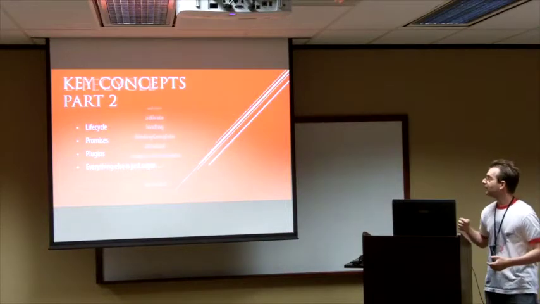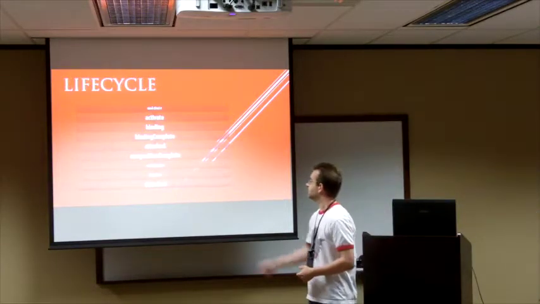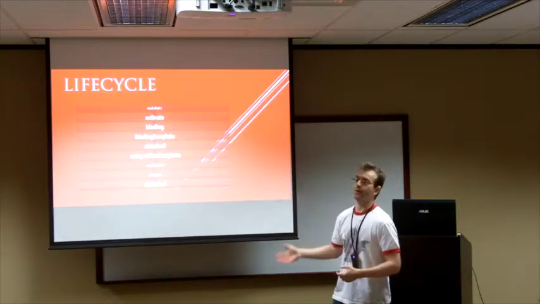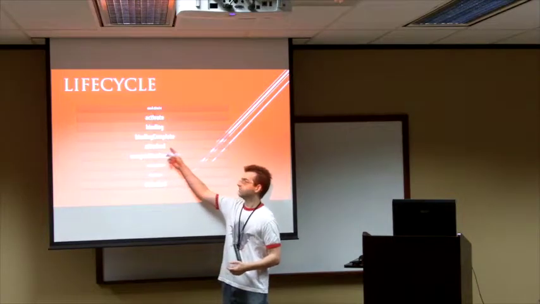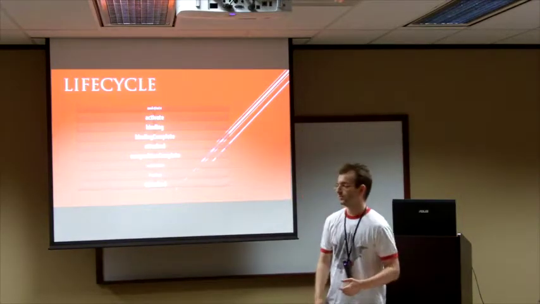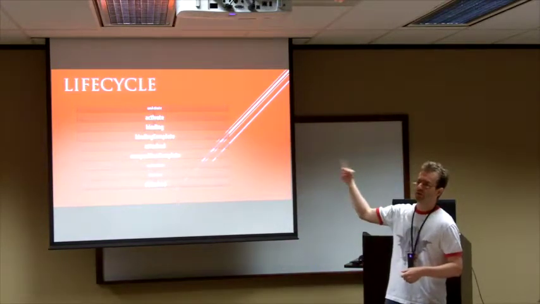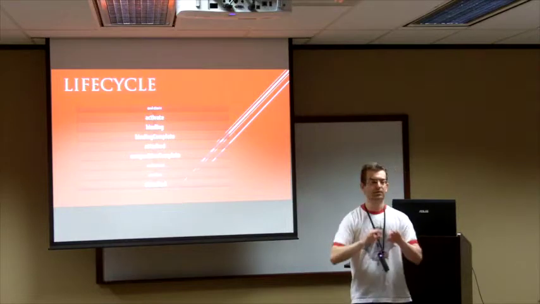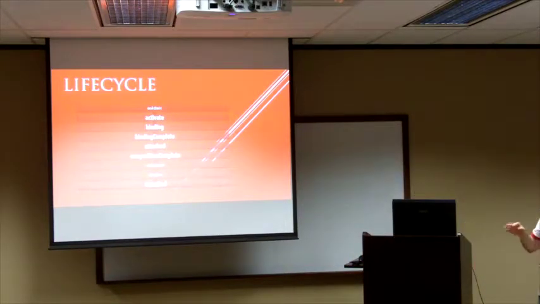There's a lot of these callbacks, and I'm not going to go into detail, but just know that they're there. The most important one people seem to use is this attached callback, which a lot of people use to load data from the server. And the cool thing about it is you can return a promise from that, and the binding system understands that and will halt the data binding until after your data is returned asynchronously.